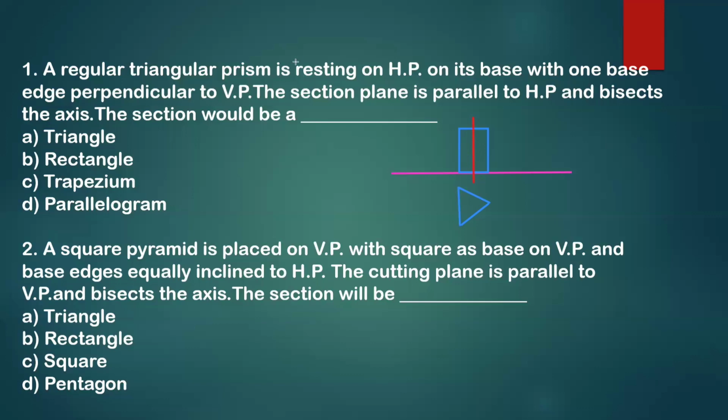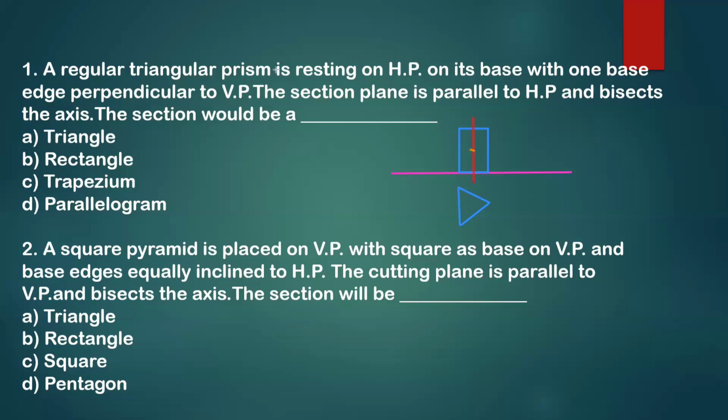Now the cutting plane or section plane is parallel to HP and bisecting the axis. Bisecting the axis means that, suppose the height of the prism is 60, it will bisect at half of it.